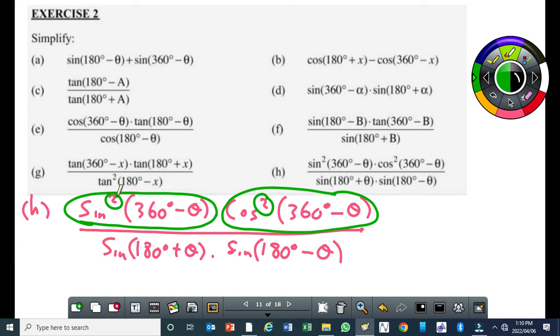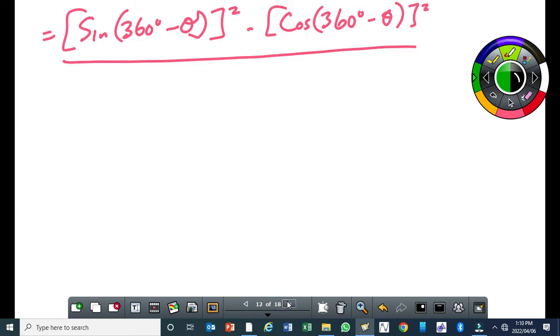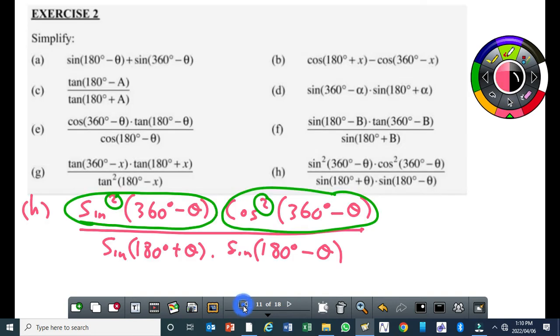No negative answer. Okay? And your positive answers for sine 360 minus theta all squared, you get sine squared theta. And here you get cos squared theta. And both will be positive. Okay?